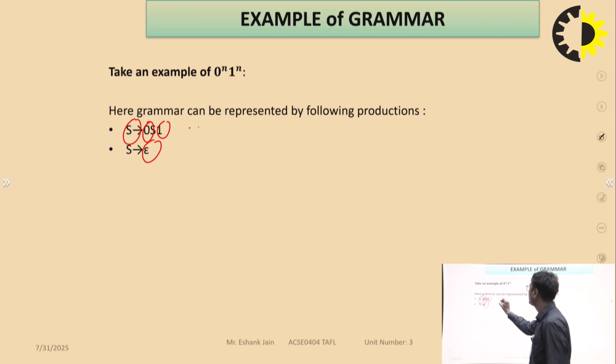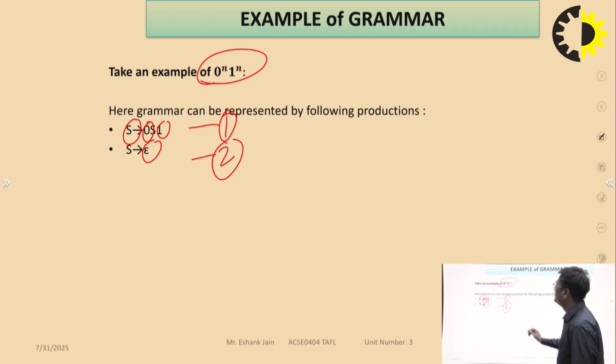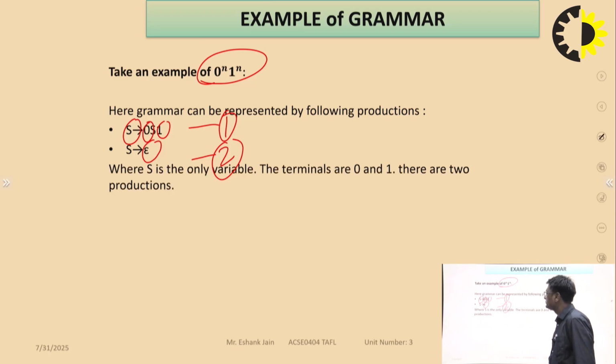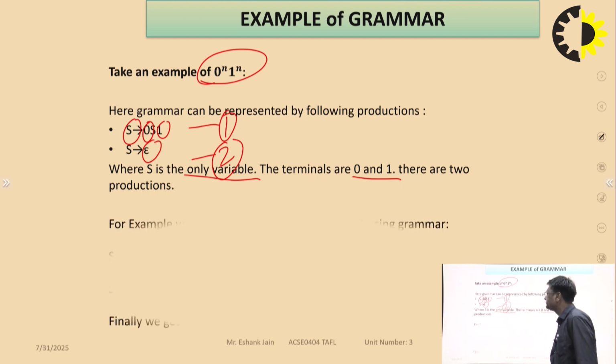These are the two productions, production number 1 and production number 2, that represent the grammar. S is the only variable, 0 and 1 are the terminals.